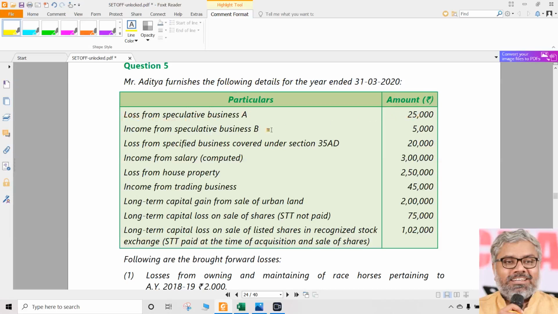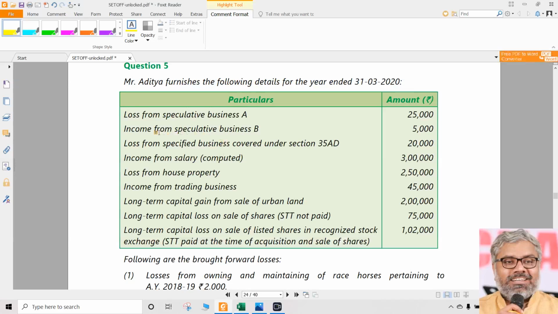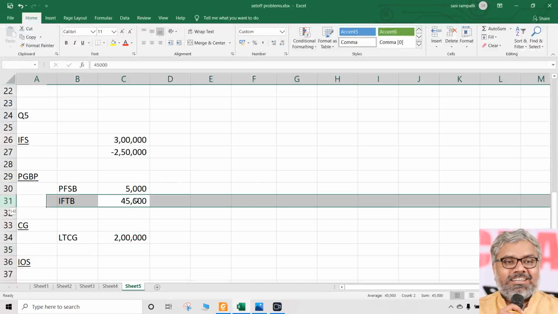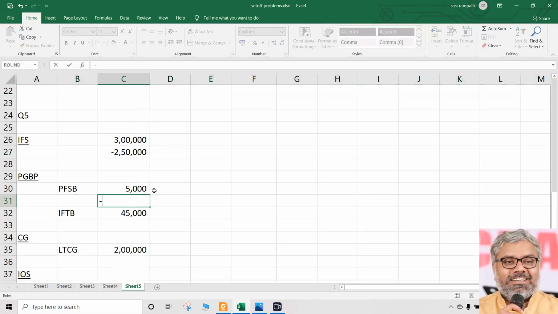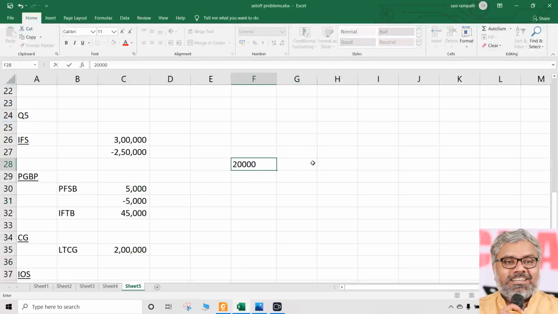Loss from speculative business A, 25,000. Can it be set off against the profit from the speculative business B? Yes, it can be. But how much? It can be set off only to the extent of 5,000. So naturally the remaining 20,000 as usual will go to carry forward.